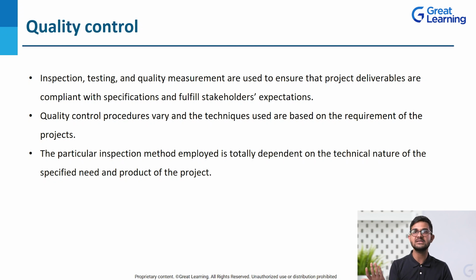What will we call a project success? What will make it a success? That is something which should be very, very clear, and accordingly, project quality control is done. We are going to control the quality, keeping in mind that this is what we want from this particular project. If we don't have the specified needs, we will never be able to control the quality, because we will never be able to understand what we wanted to achieve and what we have achieved. So that clarity, that gap should be very, very clear, and then only the processes can be improved. So that's what quality control is all about.